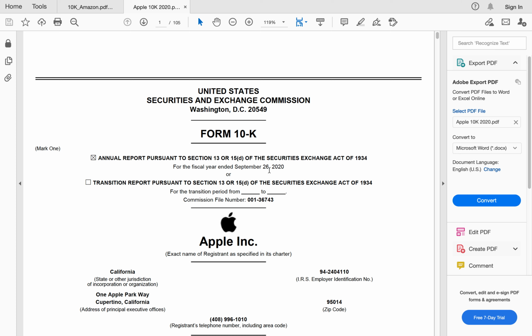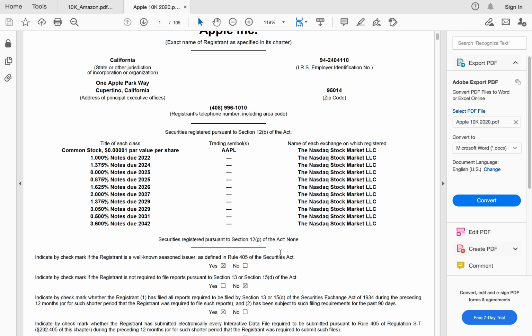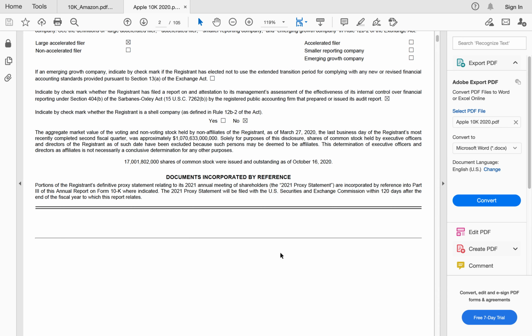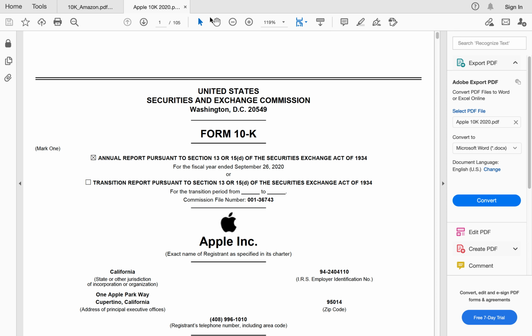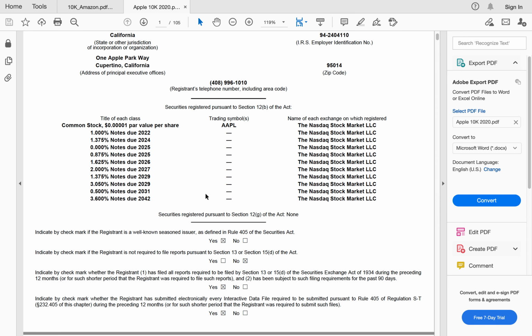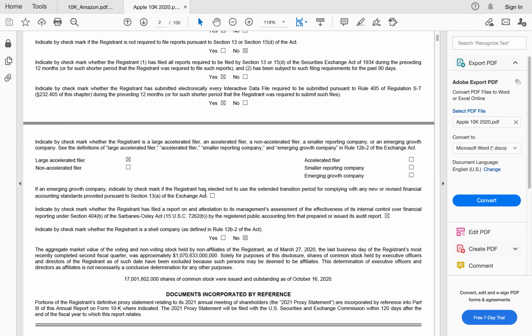Apple actually paid millions of dollars to the accounting firm for the audit. So the information in these 105 pages is really valuable and you can use it.